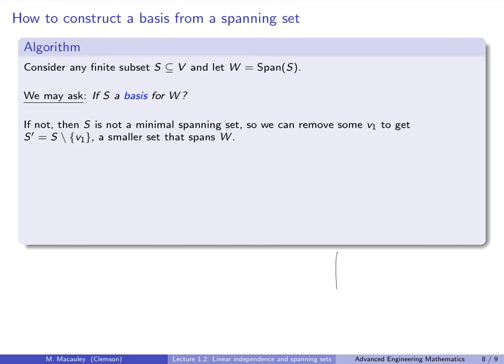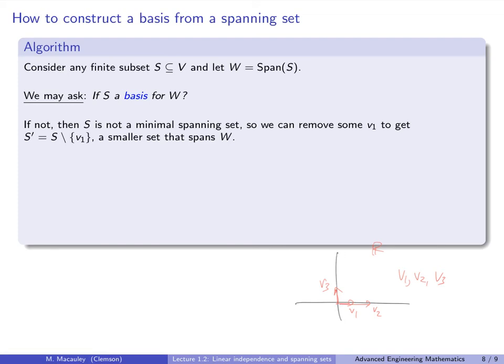That does not mean that we can remove any of the vi's. For example, suppose v1 and v2 lie on the x-axis and v3 lies on the y-axis in R2. Now, v1, v2, and v3 are not linearly independent, because it's a spanning set, but it's not minimal. Why is it not minimal?